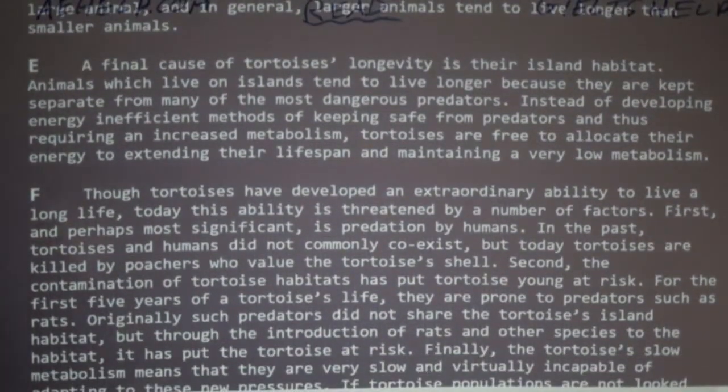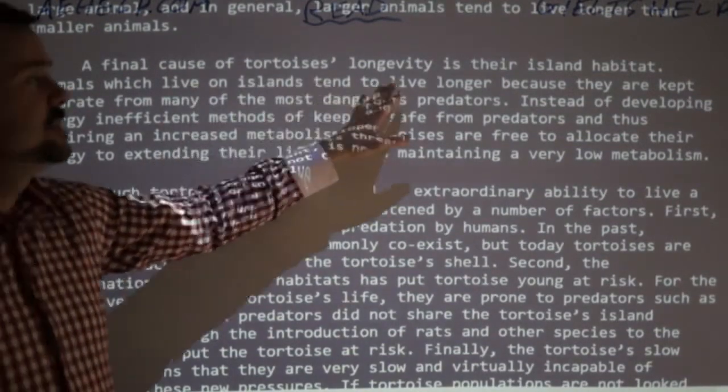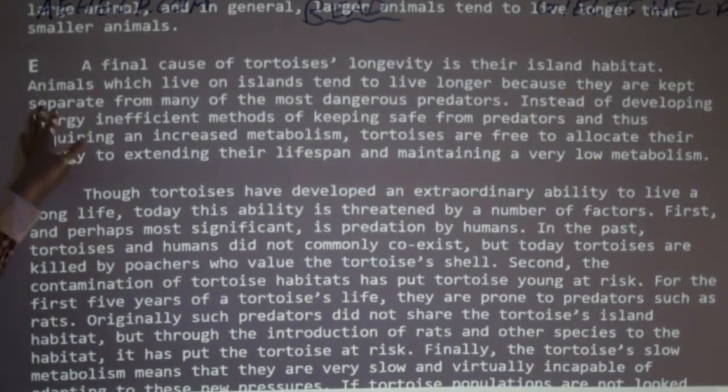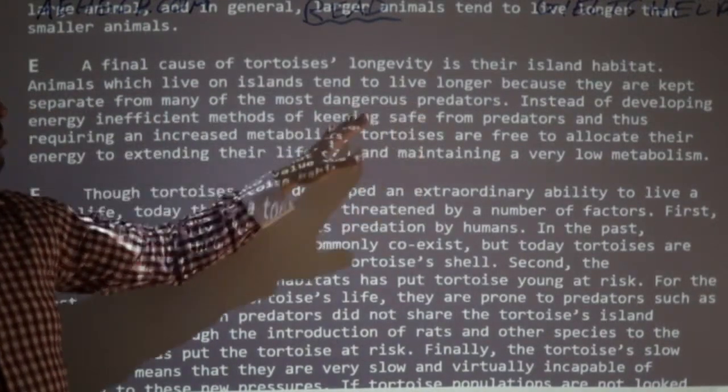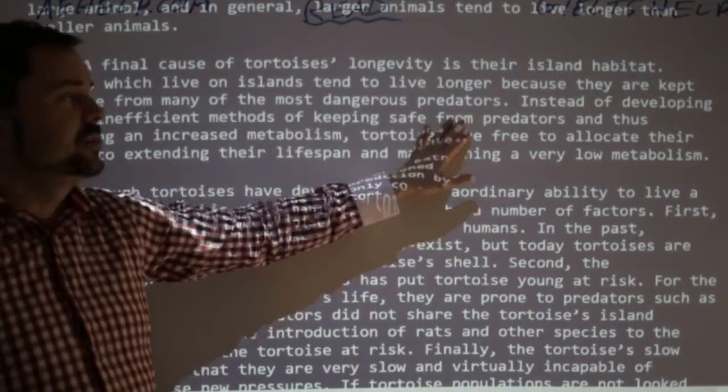All right. A final cause of tortoises' longevity is their island habitat. Animals which live on islands tend to live longer because they are kept separate from many of the most dangerous predators.